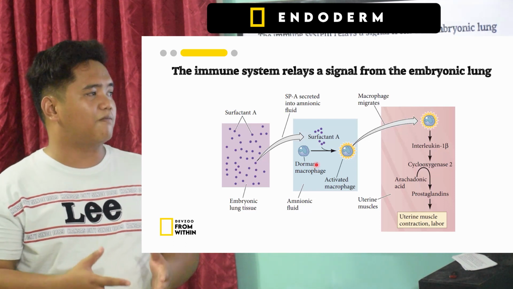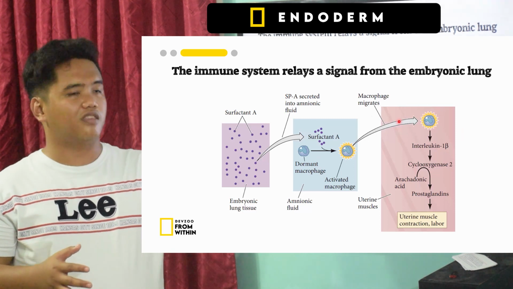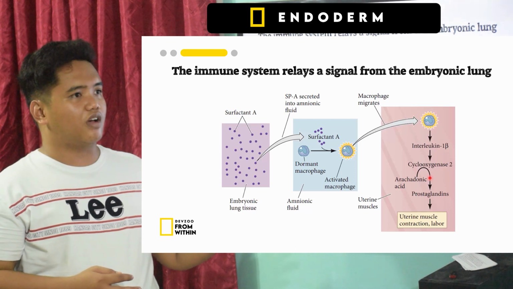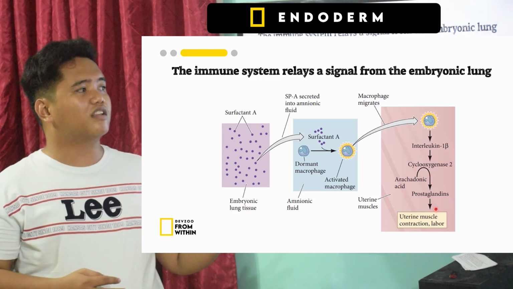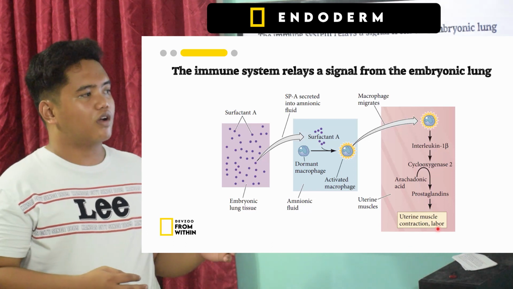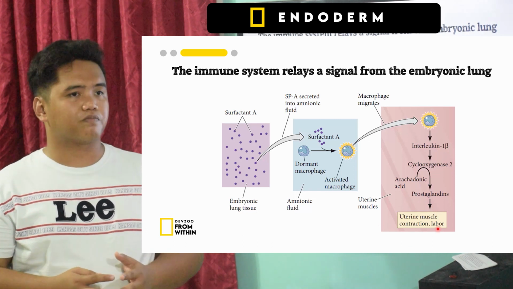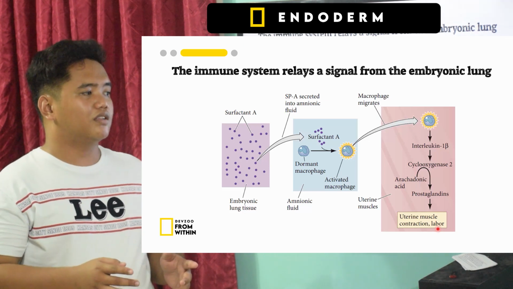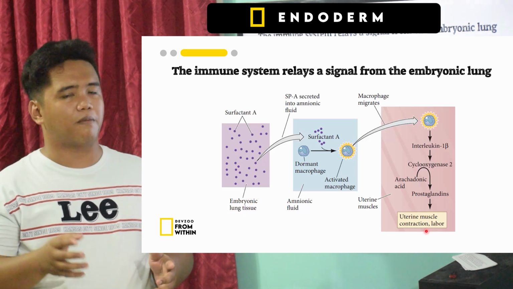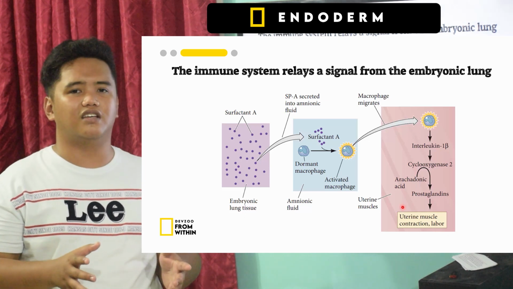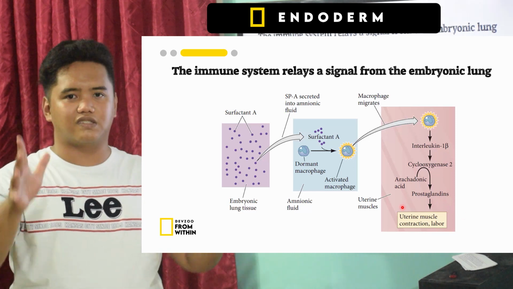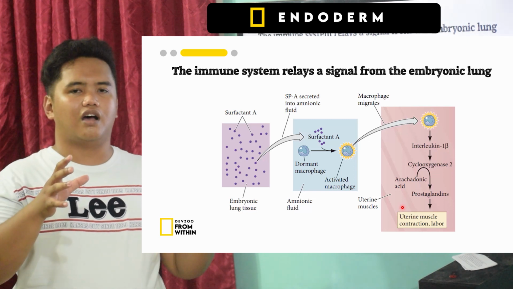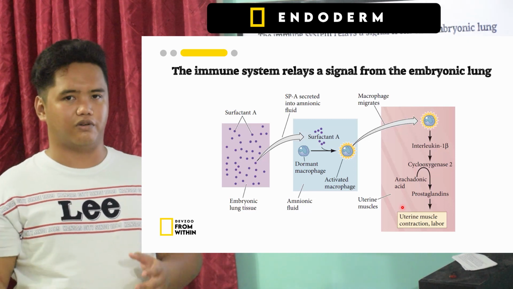The activated macrophages will then migrate into the uterine muscles and activate interleukin 1B, or IL-1B. This IL-1B produces the cyclooxygenase enzyme, which then proceeds to the activation of the prostaglandins. These prostaglandins will signal the uterine muscles to contract and signal the start of labor for childbirth.